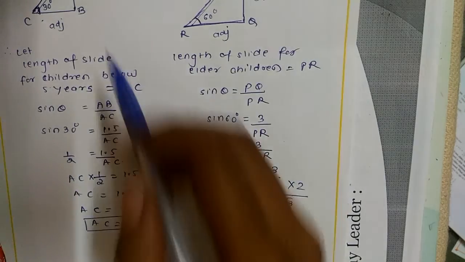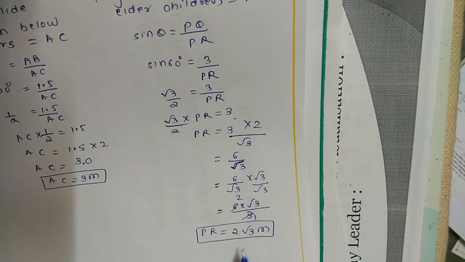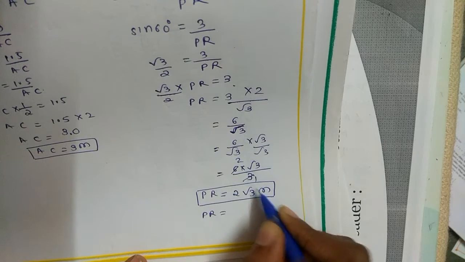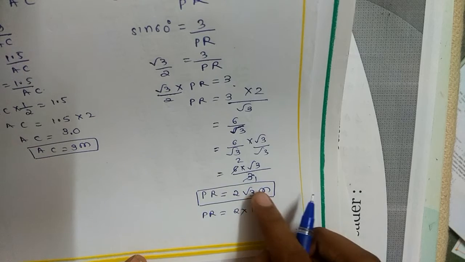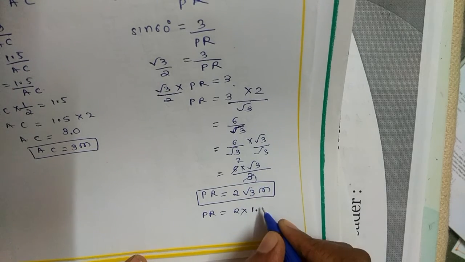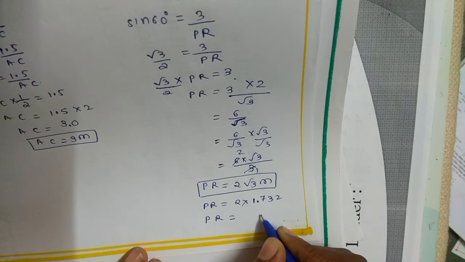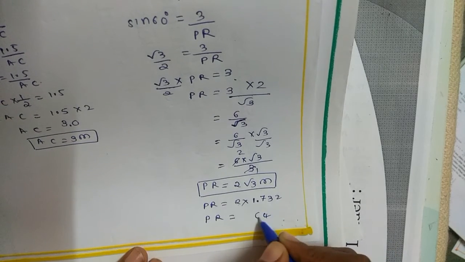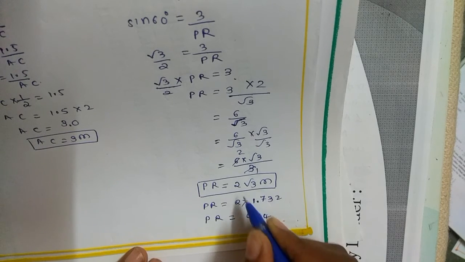So you can see here the length of the small slide is 3 meter and the length of the big slide is 2 into root 3. If you want, you can find the value of root 3. To understand the exact length, 2 into root 3, if you find it by the division method, because it is not a perfect square, we cannot use the prime factorization method. 1.732 you'll get, and if you multiply this, 2 2s are 4, 3 2s are 6, 7 2s are 14, 4 here carry 1, 2 1s are 2, and 1 is 3.